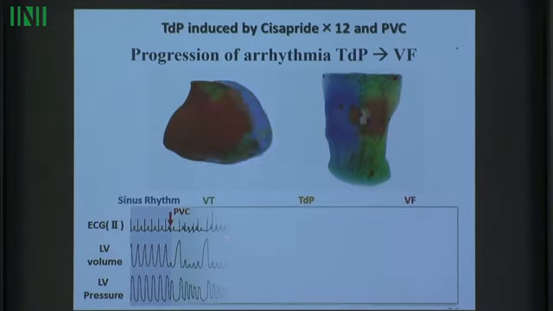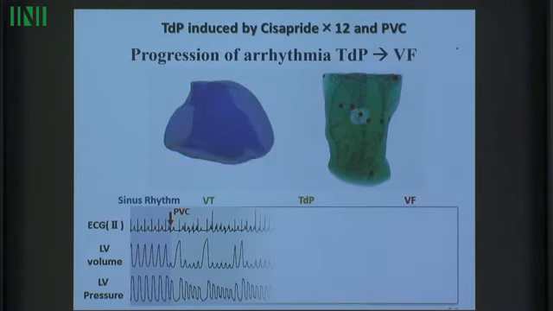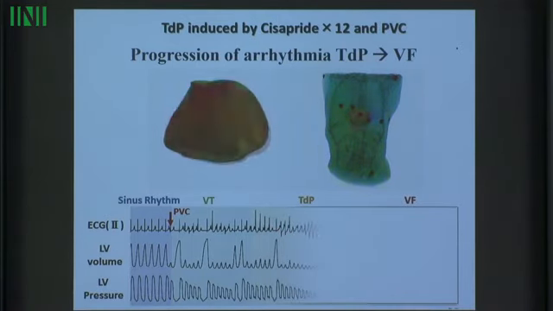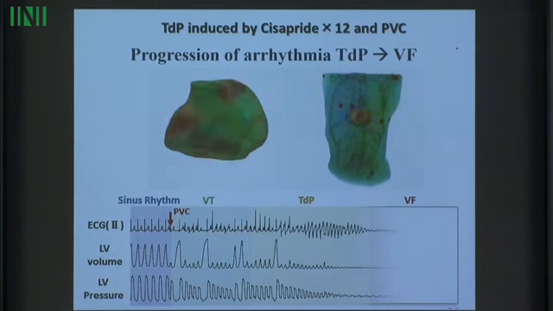It reverts to sinus rhythm once again, but then the rhythm went to VTAC, and it degenerates to torsade. And finally, VF, the pressure goes down.